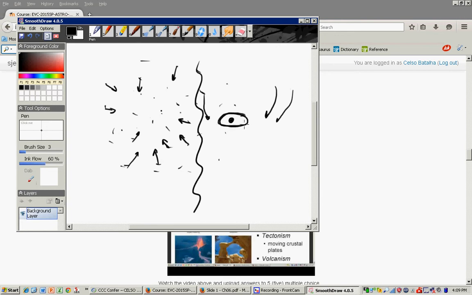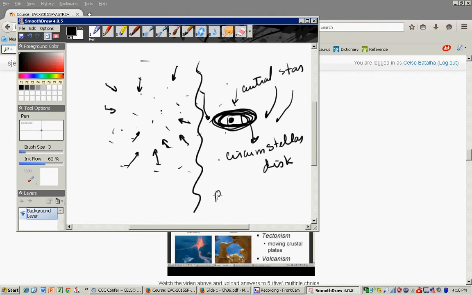So in the process of star formation, two things happen: one is a central star, and the other is the formation of a circumstellar disk of material. The circumstellar disk eventually will cool down, and out of the disk material, planets will be formed.